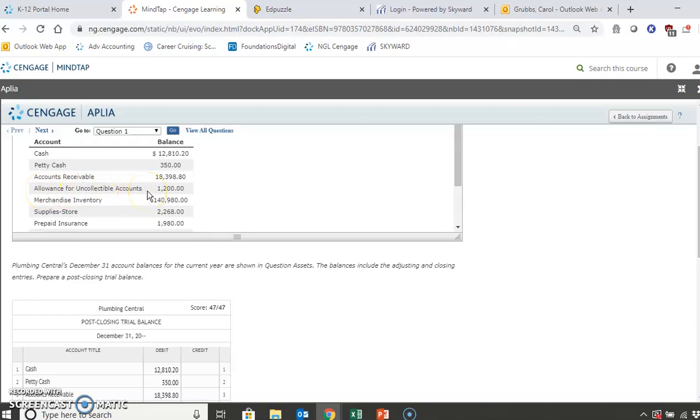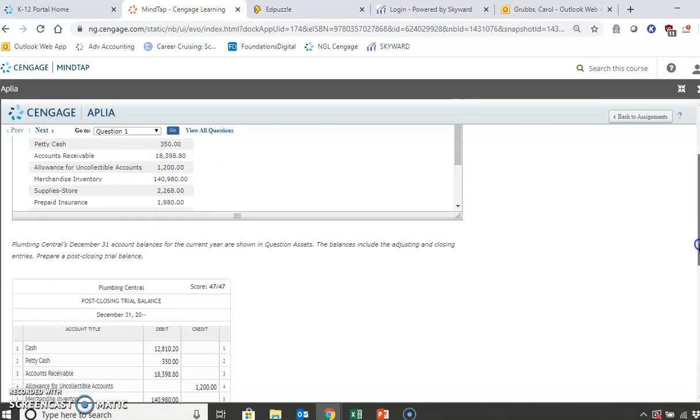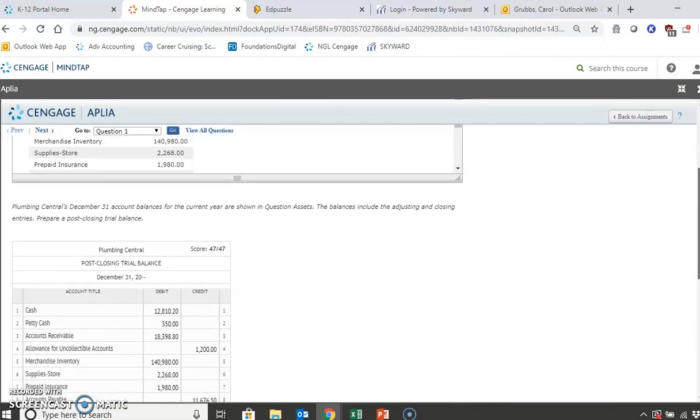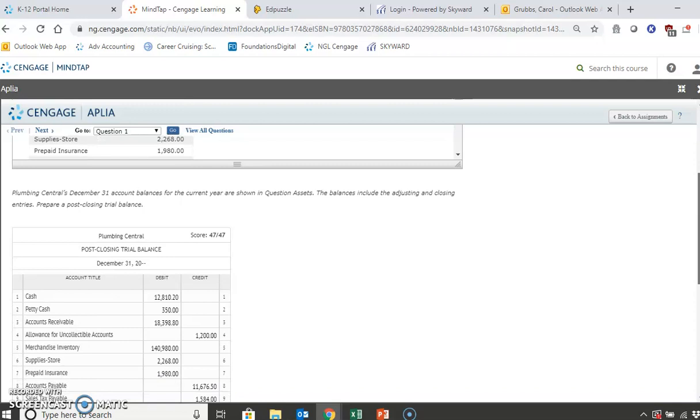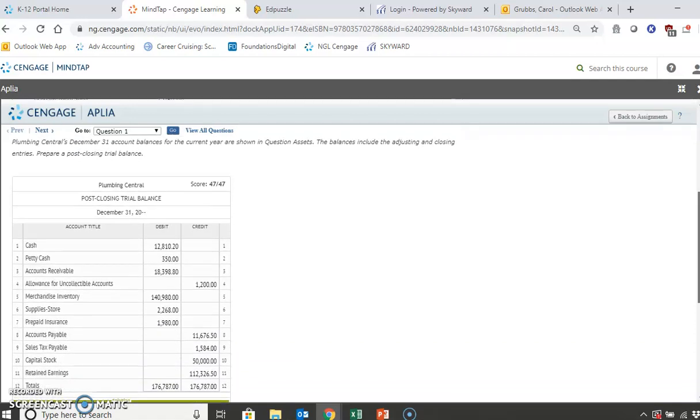This is an asset account, but it is an asset account that decreases, so this is going to be a credit. Let's keep scrolling. Then we continue with merchandise inventory, supplies, store, prepaid insurance. And now we're moving into our liability accounts.